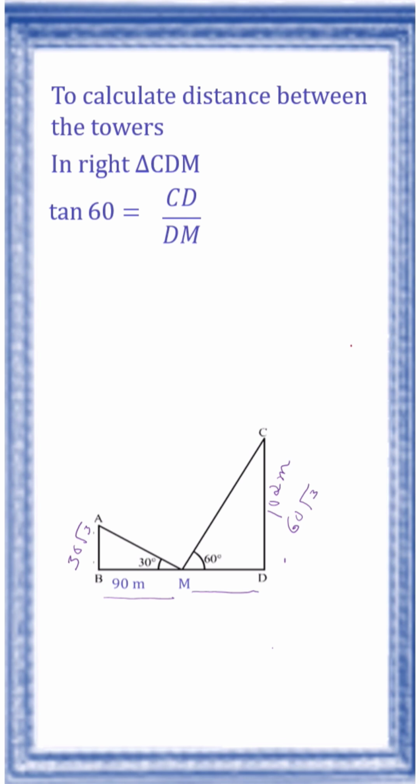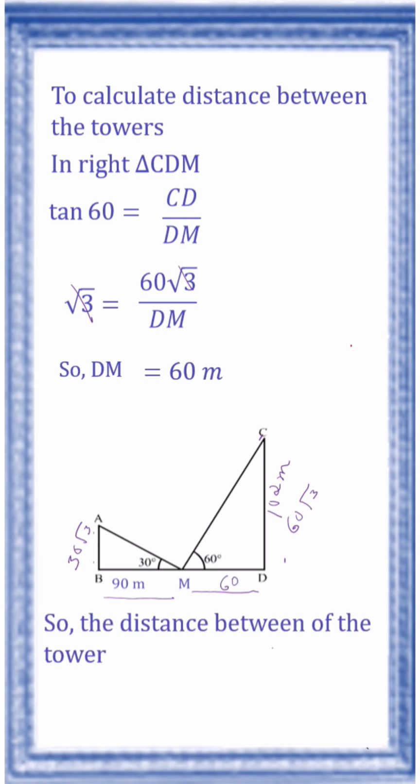So for the time being, let us put CD is equal to 60 root 3. Here root 3 and root 3 get cancelled. So DM is equal to 60 meter. This is 60 meter. So now let us find the distance between the towers. BM plus MD, that is equal to 90 plus 60, that is 150 meter.